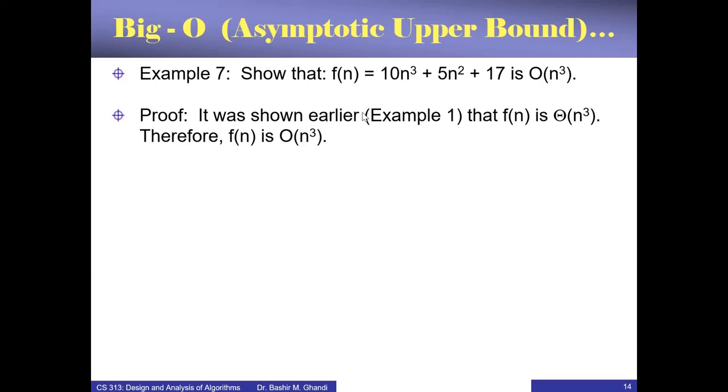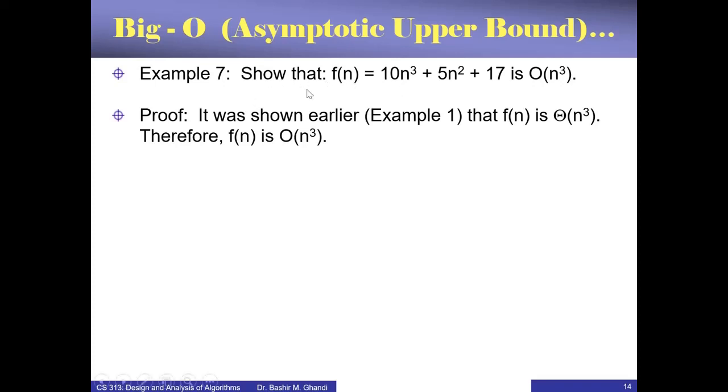So if we are able to satisfy both the two inequalities, it means we are able to satisfy the one inequality that is required here, which is the one on the right, Fn less than or equal to C2Gn. This is the one we are concerned about now, not the one on the left, which is C1Gn less than or equal to Fn. We are not concerned about that. We are concerned with the right hand side.